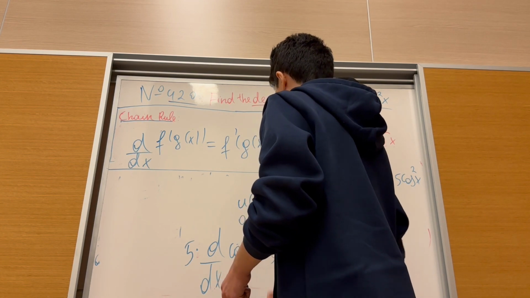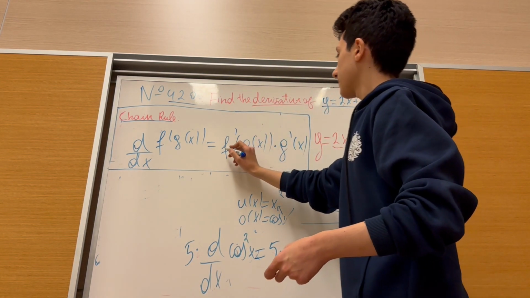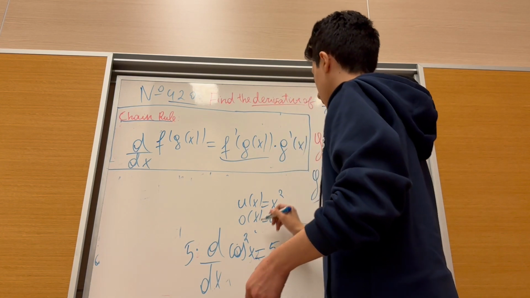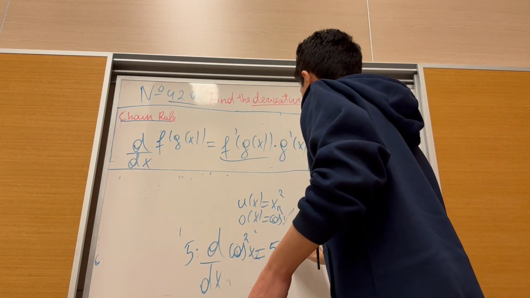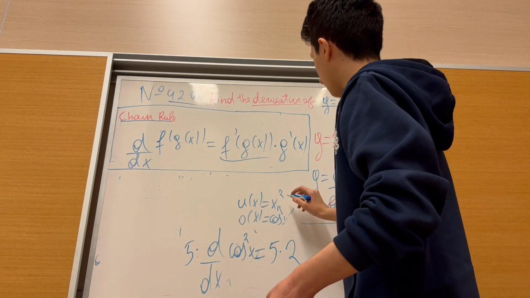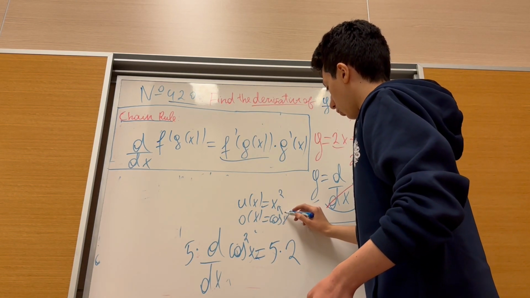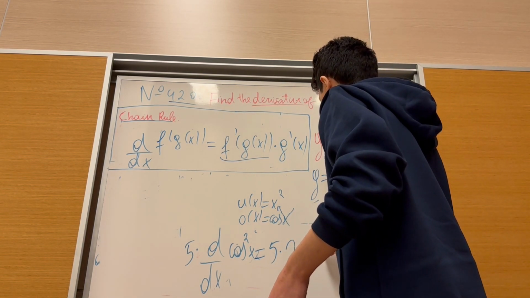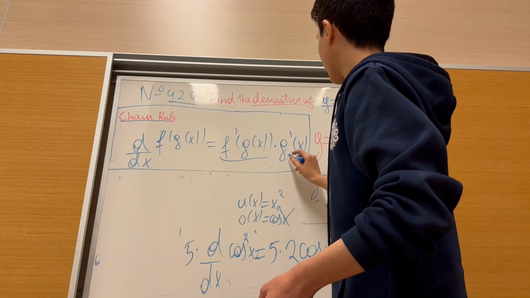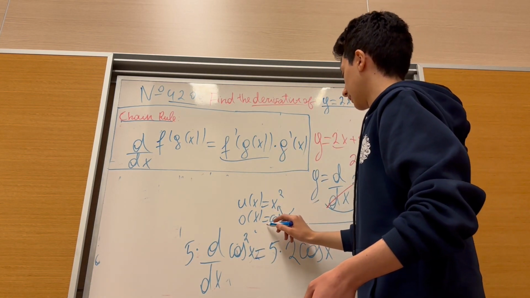It will be 5 multiplied by, now if you see, the derivative of the first function, 2, but instead of x, we'll apply cosine x to it, and it will be 2 cosine x. Then we'll find the derivative of the second function, cosine x.